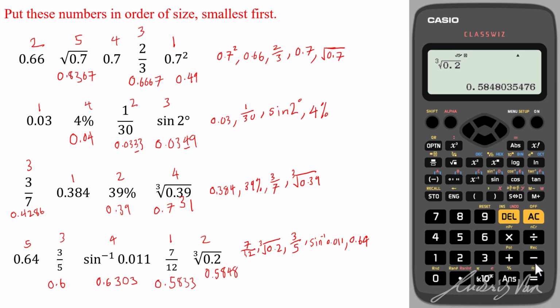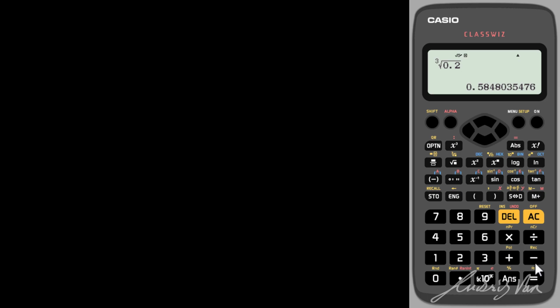Please remember to write your answer as what they are in the question. Do not write the decimal format unless they are in decimal format. And also calculator skill. I think we have learned that for percentage, we press shift answer to get the percent.